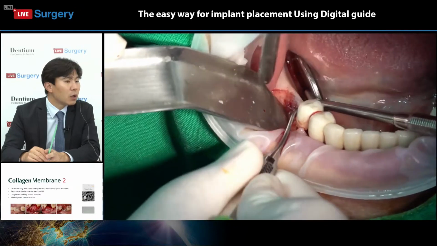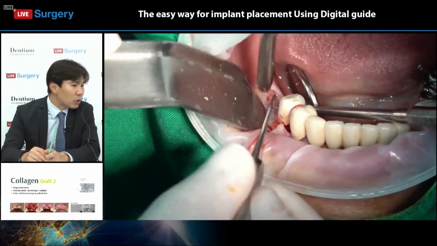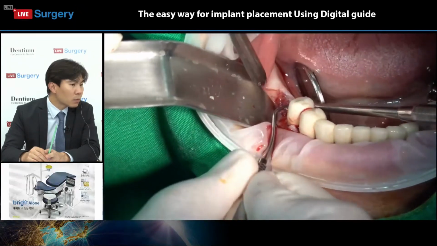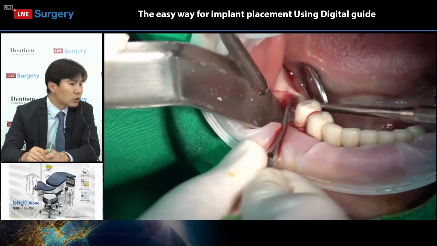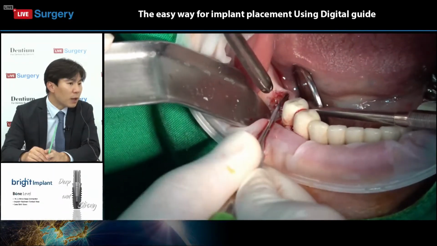And you can see the granular tissue penetrating into the bone. That's why he is using a curette for reflecting the lingual flap.